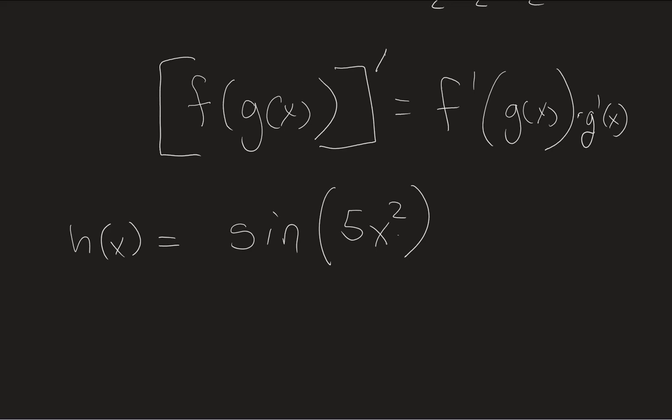The derivative of sine is cosine, and what you want to do here is don't think, just leave that inside alone. So you're just taking the derivative of the outside. Once you've done that, then you multiply by the derivative of the inside, and the derivative of 5x squared is 10x.